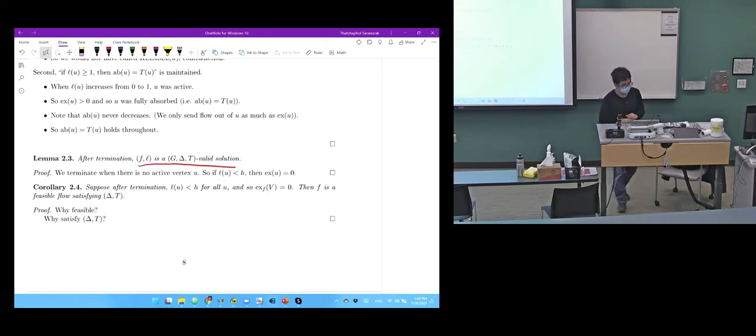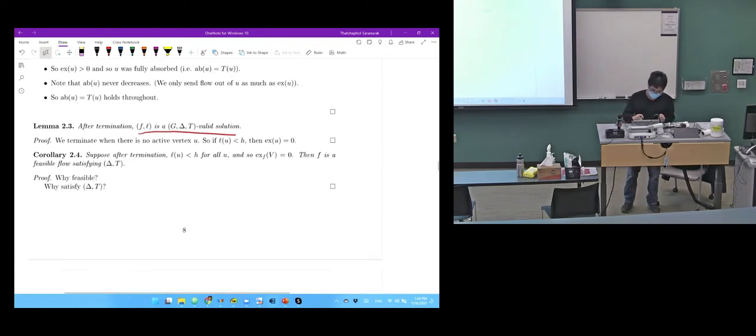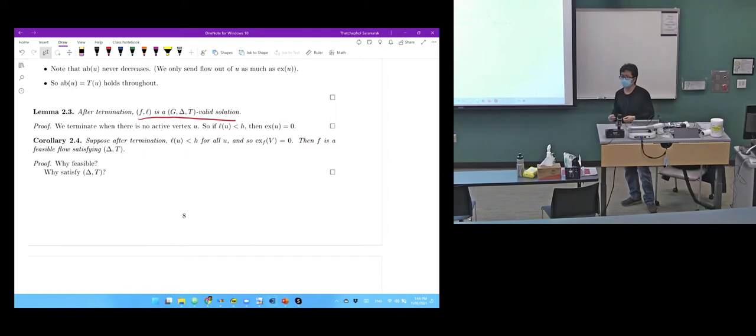Can you recall how many relabel operations we do throughout? For each node, how many times can you relabel? Basically, the total number of relabels is at most n times h, because the level only increases.